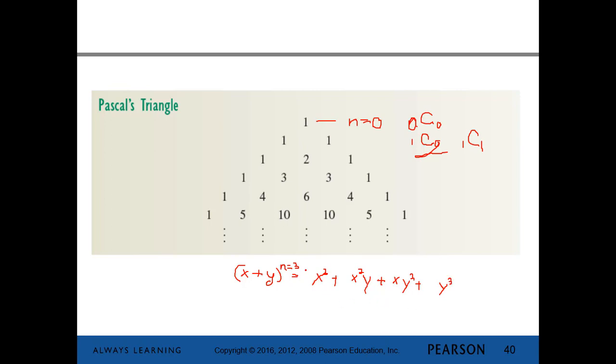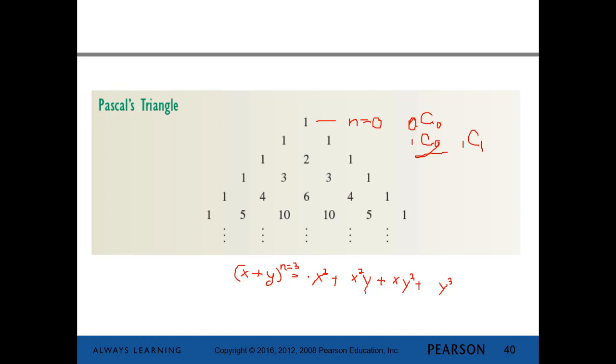Notice the pattern for n equals 3: the exponents are 3 and 0, then 2 and 1, 1 and 2, and 0 and 3. So they all add up to 3.